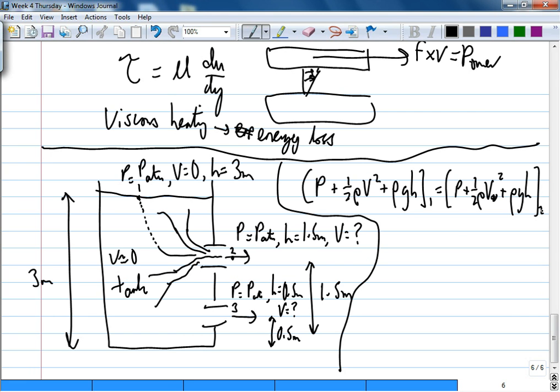So point 1, P atmosphere, and this is water.